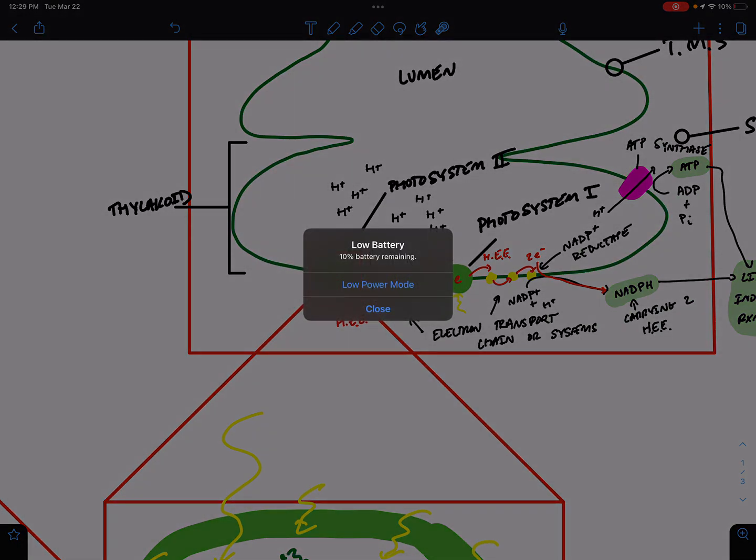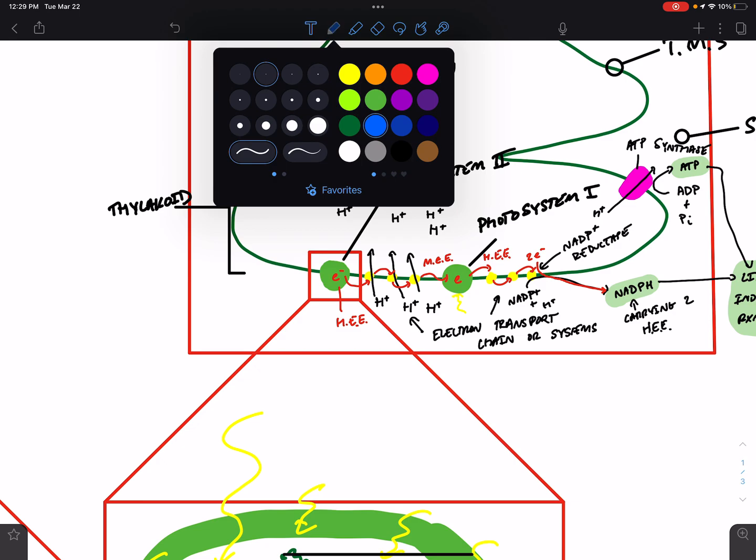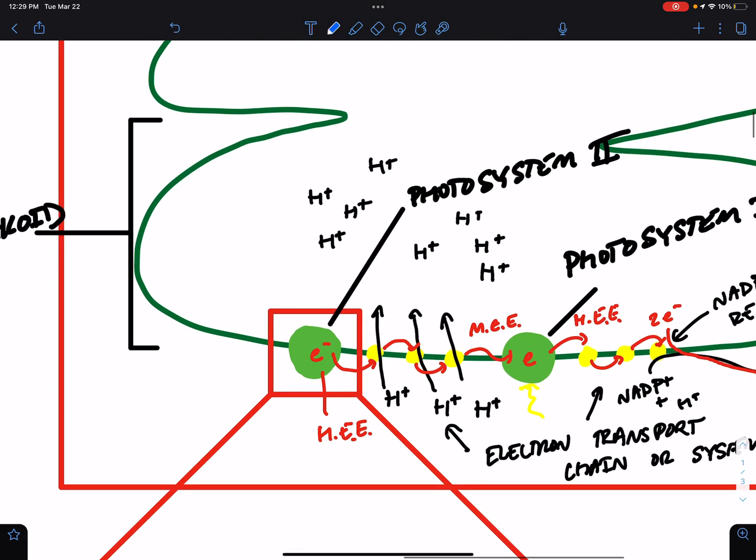Well, it's actually stripped from water. We take water at the very beginning of the reaction, we add it to the reaction, and we strip an electron. So it's water that is providing that electron.